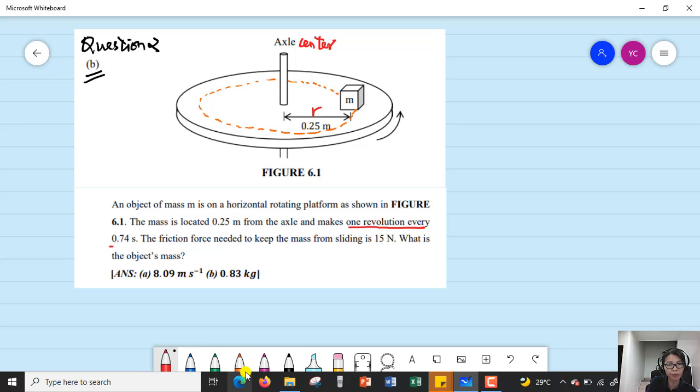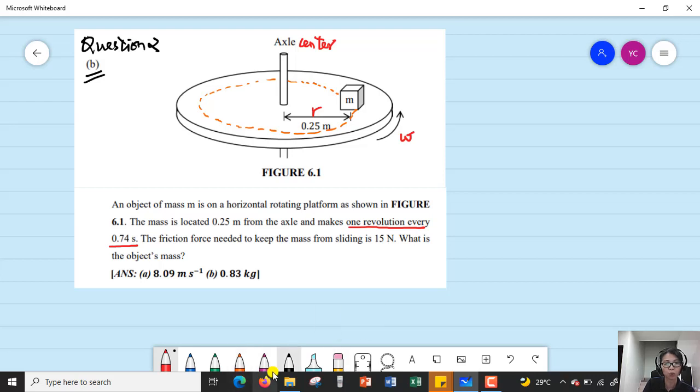revolution every 0.74 second. So from this statement we can know how fast the mass or the rotating platform is rotating. So from this statement we can calculate the angular velocity, how fast this thing rotates.